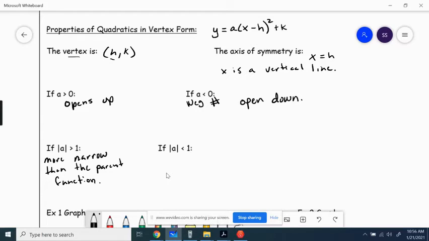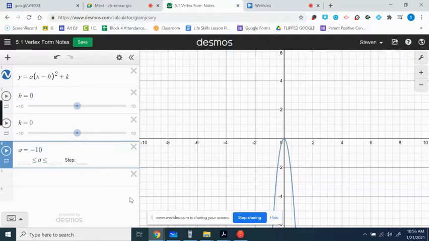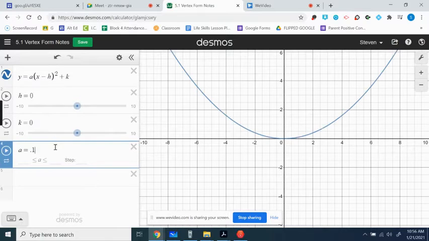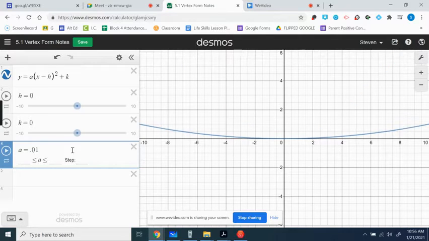And if the absolute value is less than 1, let's jump back over to Desmos. If it is less than 1, we're basically talking about a decimal. If we have 0.1, look at that. It looks like it's much wider than the parent function. What if we make this an even smaller decimal? Let's add a 0 in front. It makes it even wider.